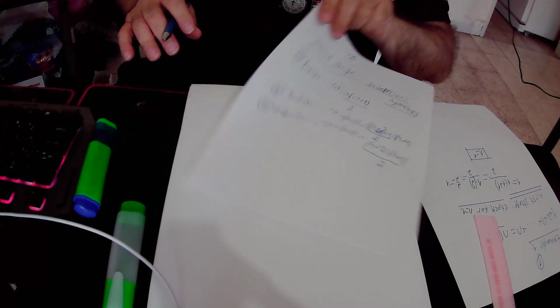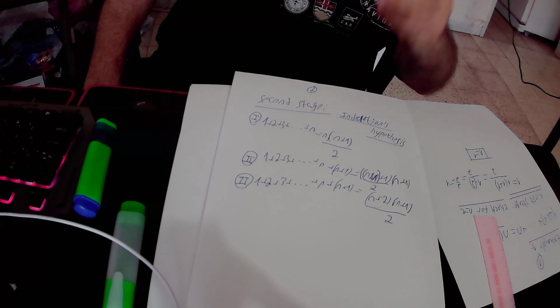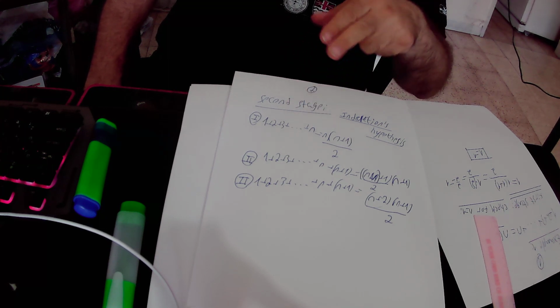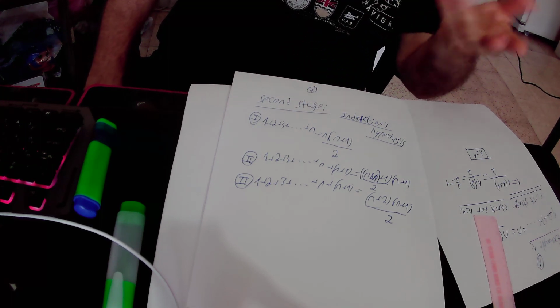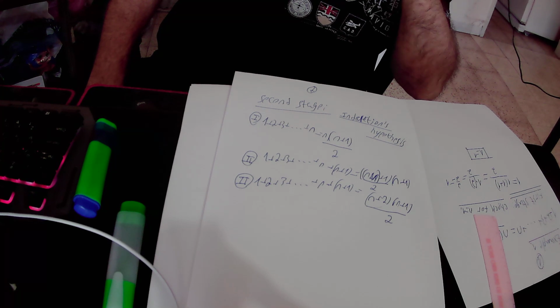So the expression for n plus 1 that we have to prove is 1 plus 2 plus 3 plus n plus 1 equals n plus 2 times n plus 1 divided by 2.